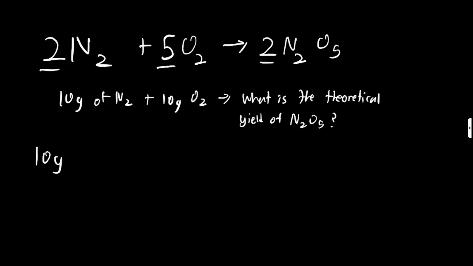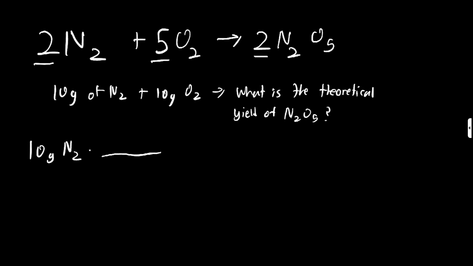So 10 grams of nitrogen. Let's start with nitrogen. We're going to figure out which of the reactants is limiting. First, we want to convert this to moles because the ratios in the equation are all in moles. So 10 grams of N2 is equivalent to, now the molar mass, 1 mole of N2 is equivalent to 28 grams of N2.